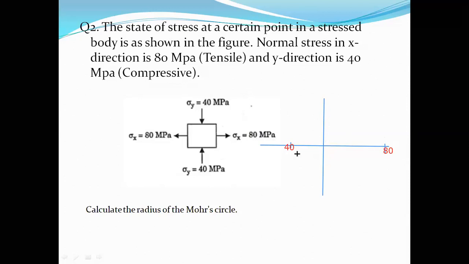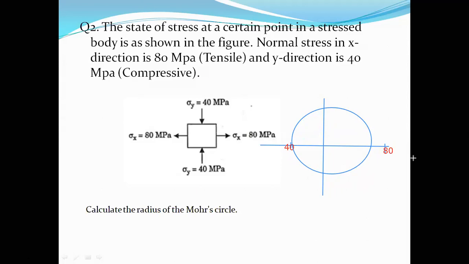Our circle should pass through these points and be drawn like this. So this is how it's going to be.